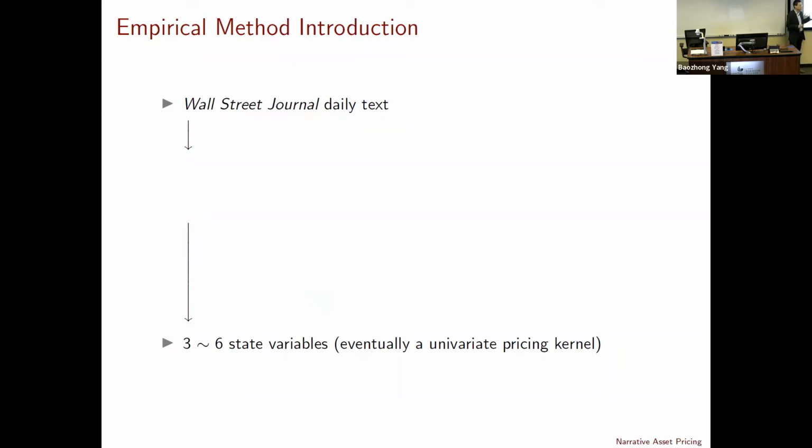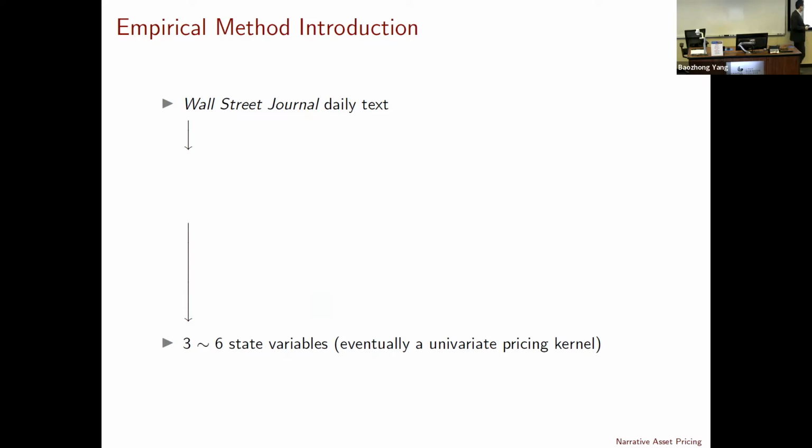So the problem at hand is really just a large dimension reduction problem. Every day, Wall Street Journal, a lot of data, high dimension. I need to reduce that down to 3, 4, or 5 state variables risks, because we believe, after all, the factor space is parsimonious, should be low dimensional.